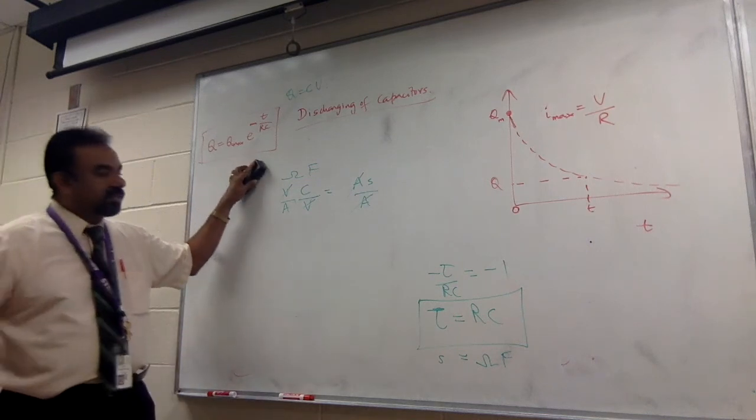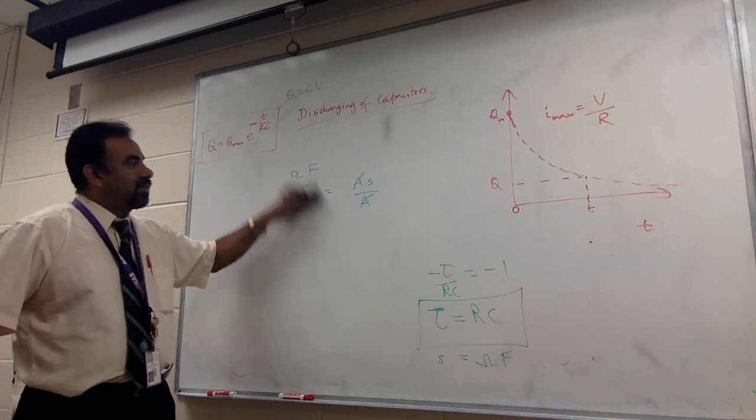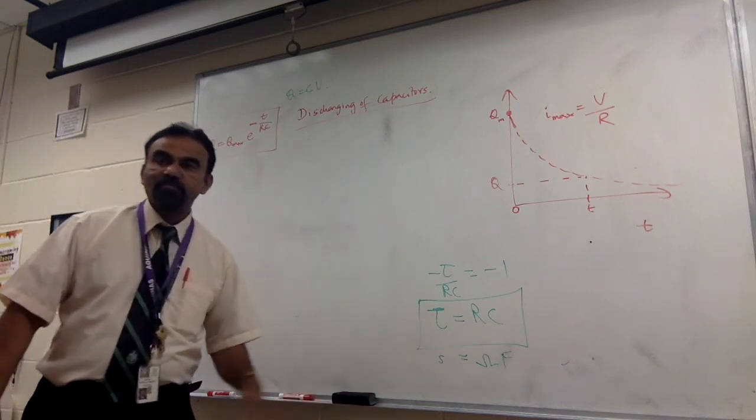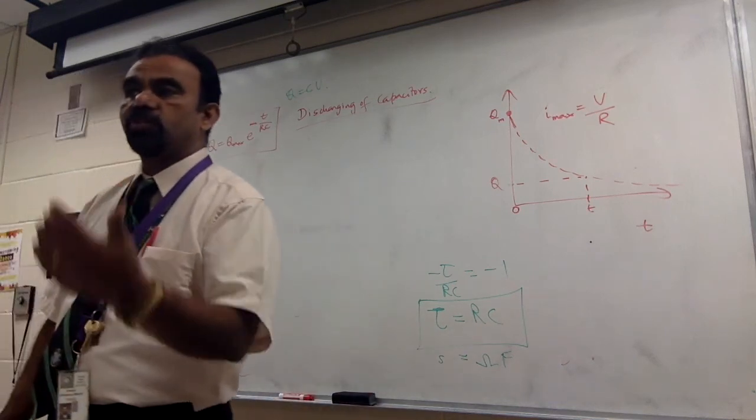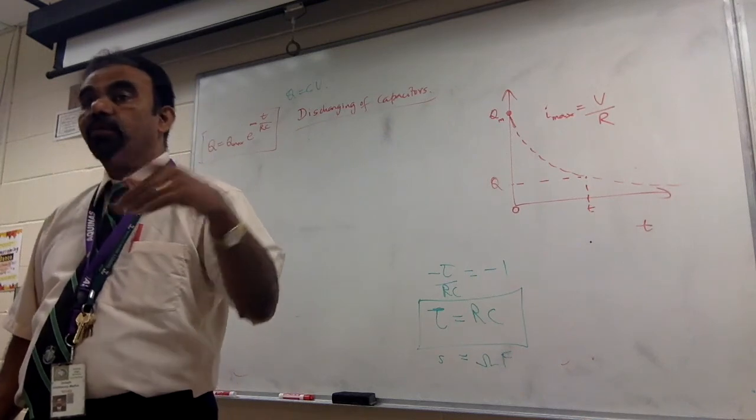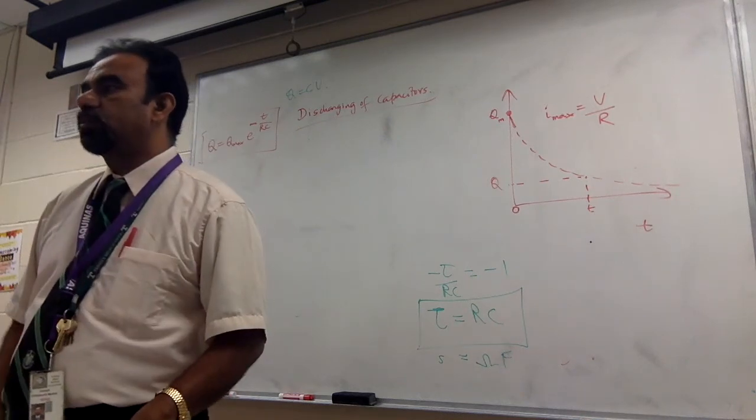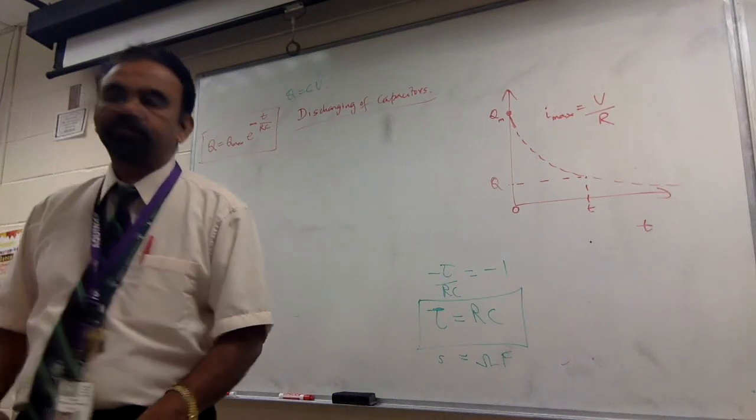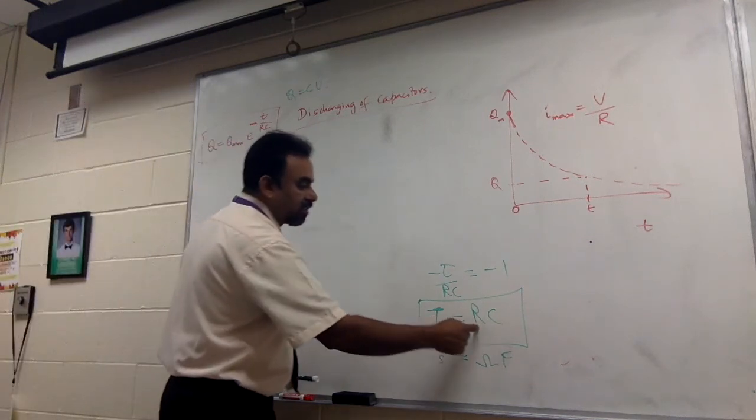So what is time constant? It's the time taken for the capacitor to discharge to 1/e of its initial charge, whatever it started with. And the time constant is easy to find out.